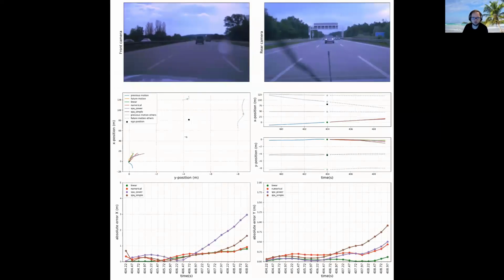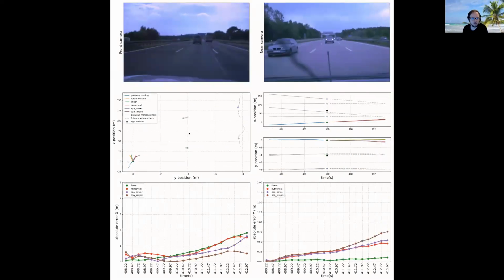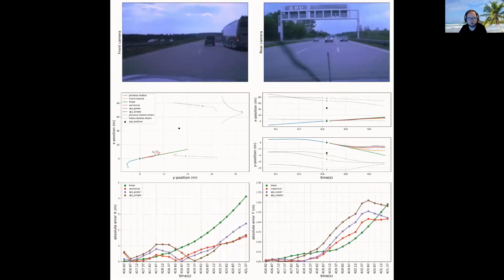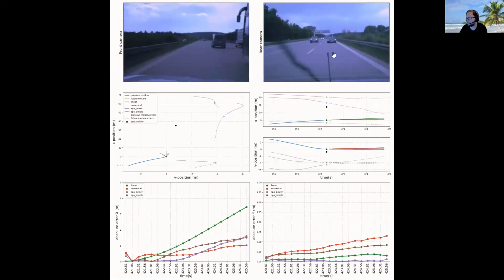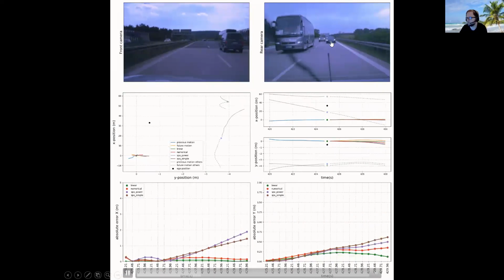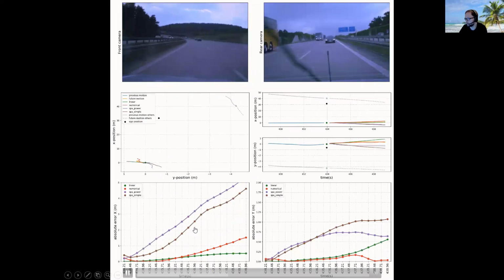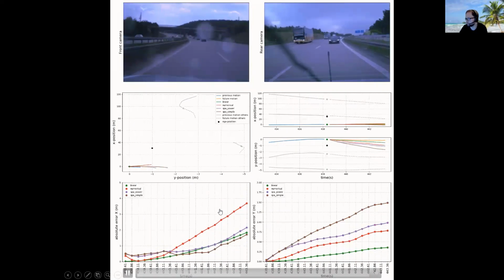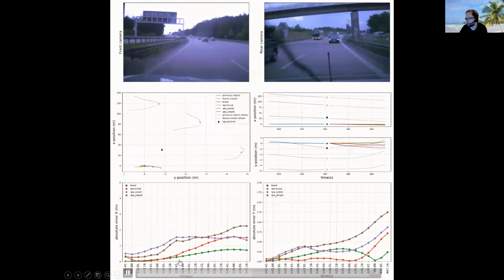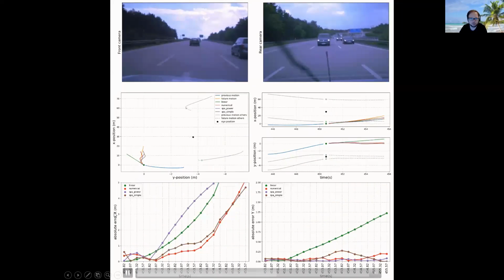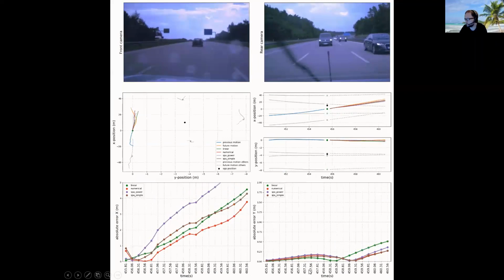And I want to conclude this part of the talk with a little example. This is a sequence again from the onboard data set. The vehicle that we're trying to predict is this one right behind the ego vehicle. And we can see that when we have mainly straight driving, the linear prediction model already performs well, which we have seen in the previous analysis already.